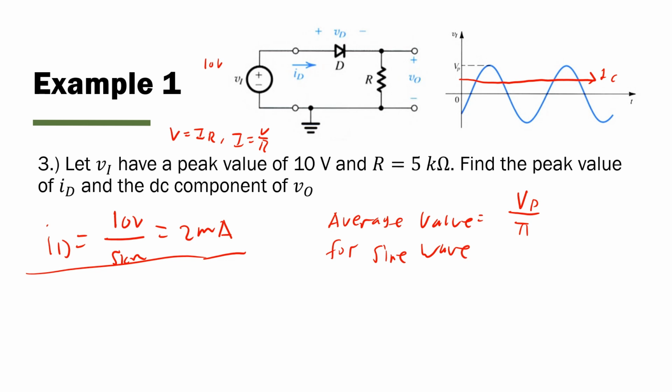So therefore, the DC component of V out will be 10 volts divided by pi. That is equal to 3.18 volts. Okay, let's move on to the next topic.